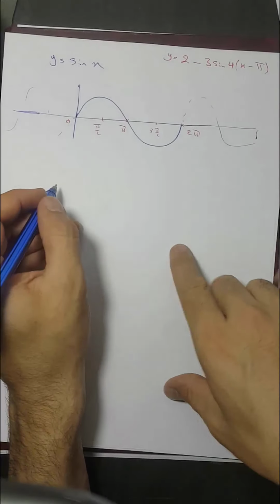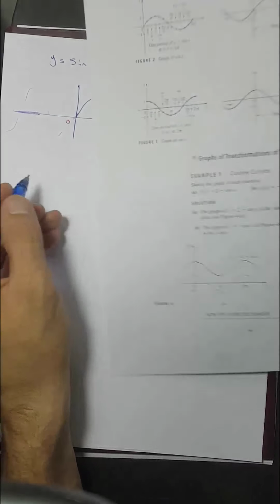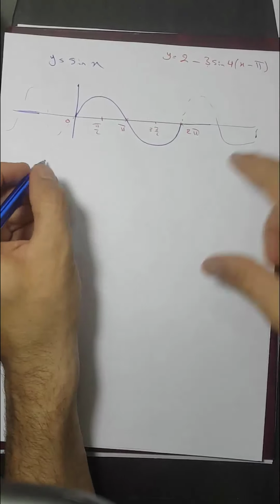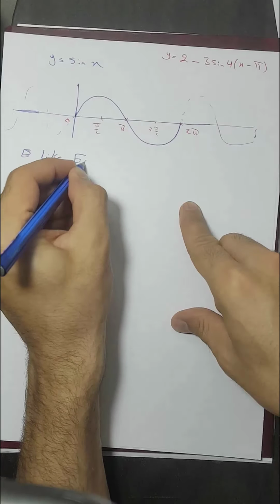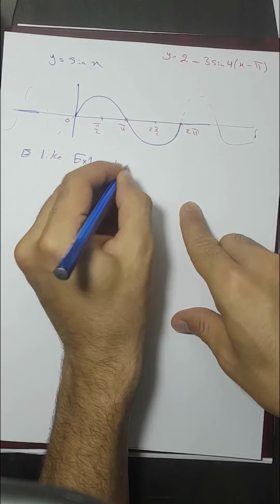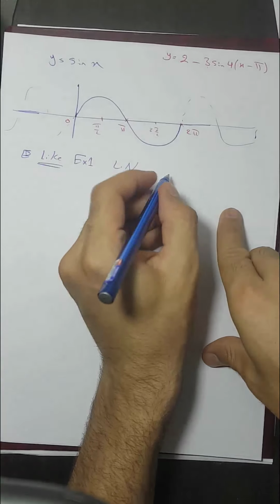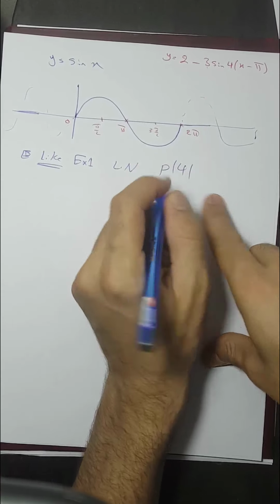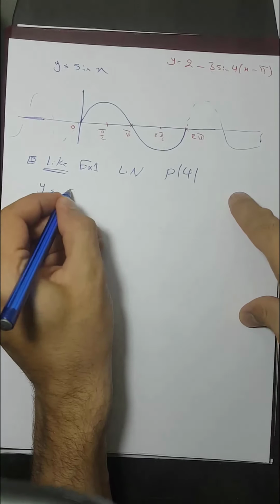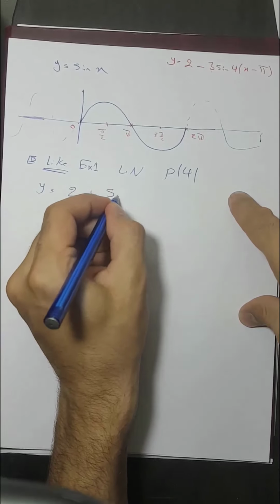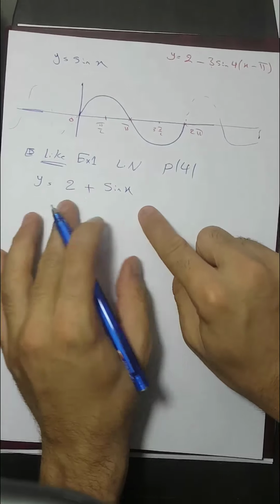So in the same shape as example one in your lecture note, on page 141, if I say y equals 2 plus sine of x, how do we sketch this?